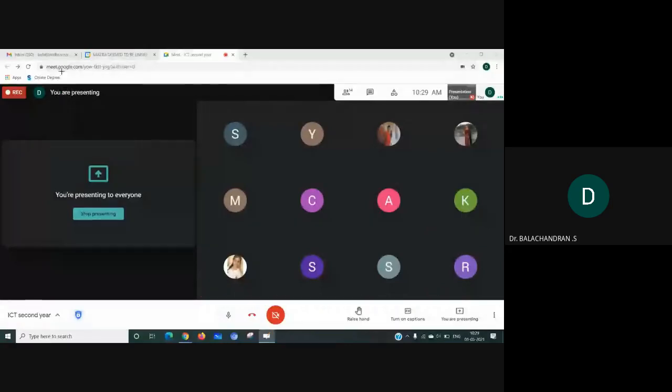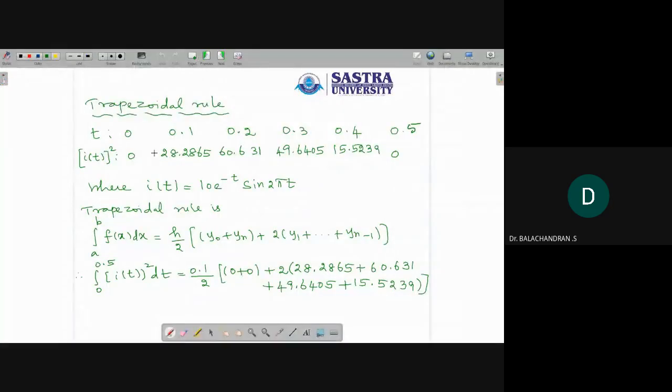Okay, now once you form this column I of t whole square, next you should use the trapezoidal rule, h by 2 into y naught plus yn plus 2 times the remaining values. H is 0.1 divided by 2, y naught is 0, yn is also 0, plus 2 times the remaining values.